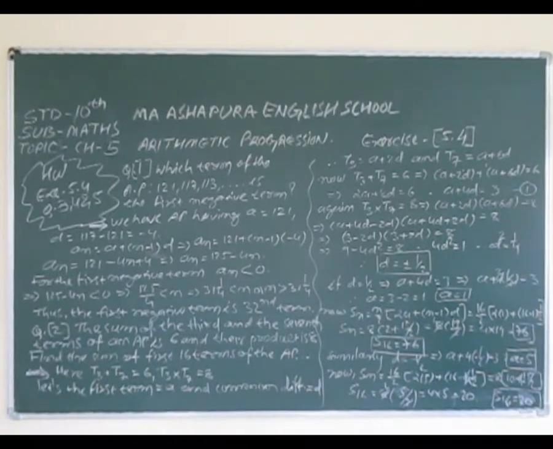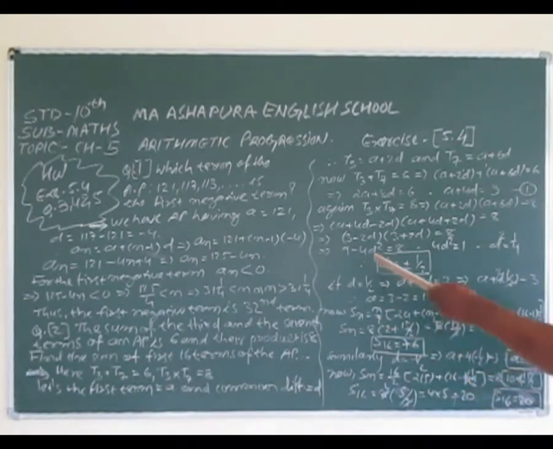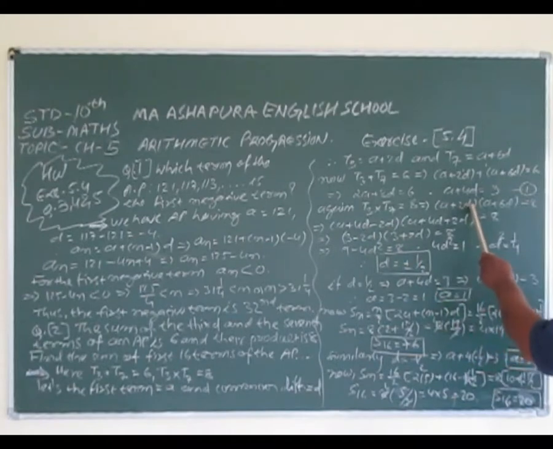Now according to the second condition, the product of the two terms T3 multiplied by T7 is equal to 8. So put the value here also: a plus 2d multiplied by a plus 6d is equal to 8. Now look here, a plus 4d minus 2d, we are simplifying with the special form. 4d minus 2d is equal to 2d, and 6d means 4d plus 2d.